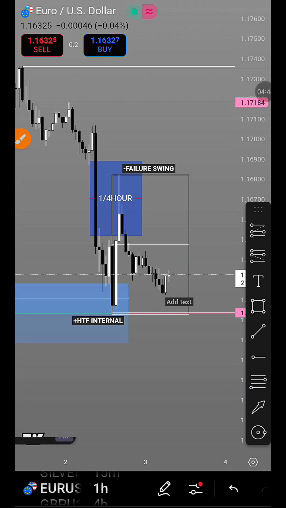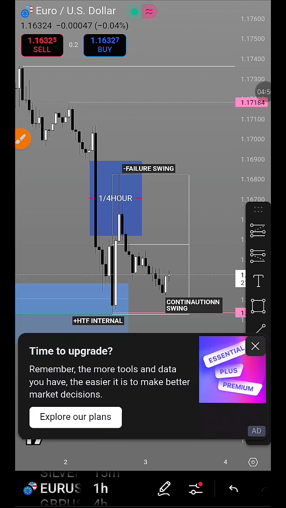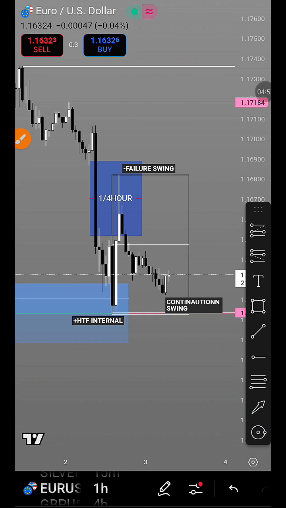I want to see a continuation swing there before price then goes ahead and trades higher, right? That's what I want to see on the bullish side of things. So I want to see a tap into the high time frame swing, failure swing, continuation swing in discount, and then skyrocket.